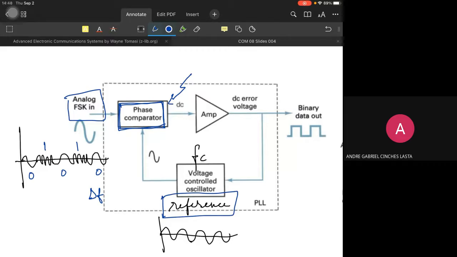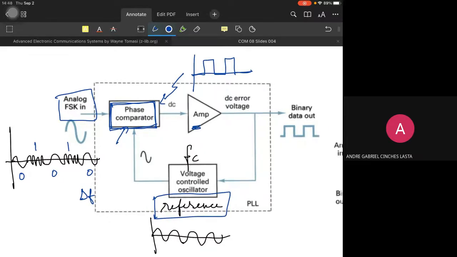So two levels lang. So expect nga duha na pud ang output sa phase comparator. So recreate na niya ang signal. Okay? So ipagi lang tayo ng amplifier para mas matasaan pa ang voltage level. So ang output na dayon na is ang ato na dayong information.